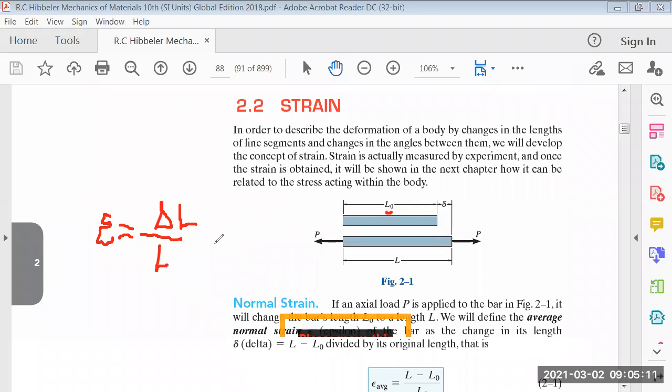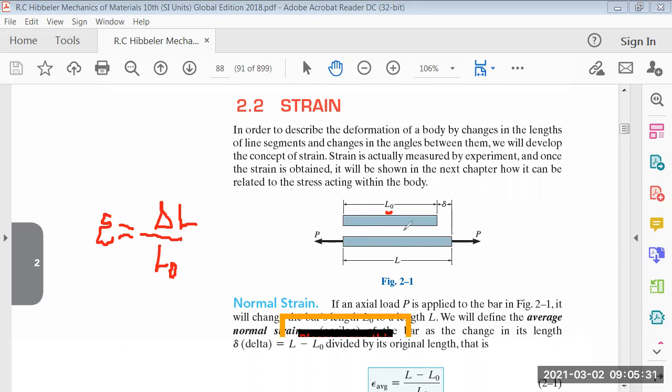Once you apply a tensile force, the element would experience some sort of deformation, and that deformation would be elongation, an increase along the x-axis.